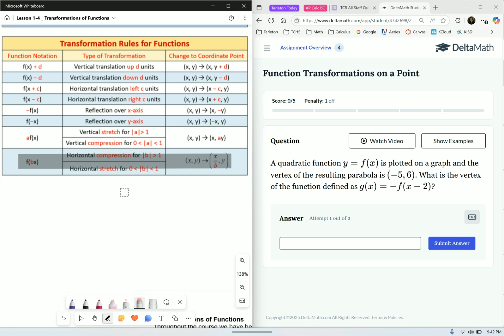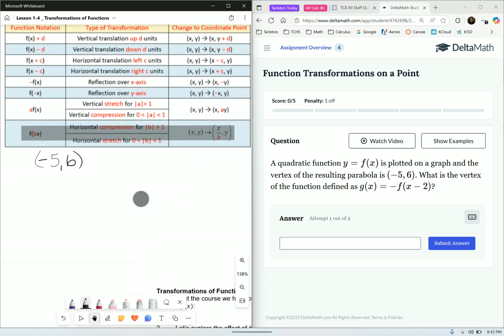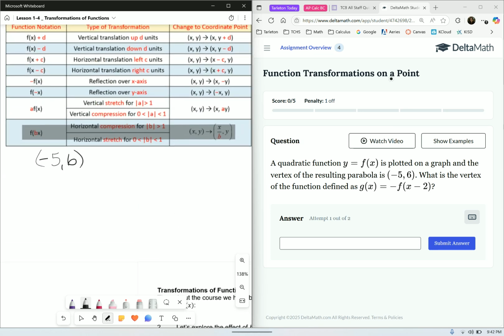So we are given a point of -5, 6. So I'm going to put -5 and a 6. Now, because I know people are visual, I'm going to go ahead and draw a graph paper here for a second.